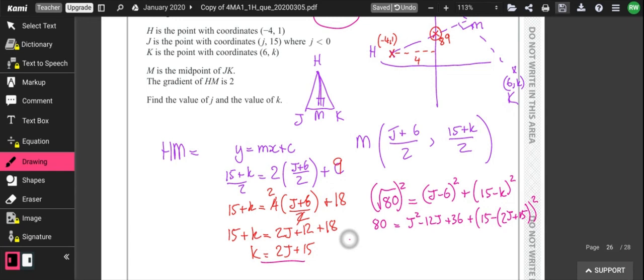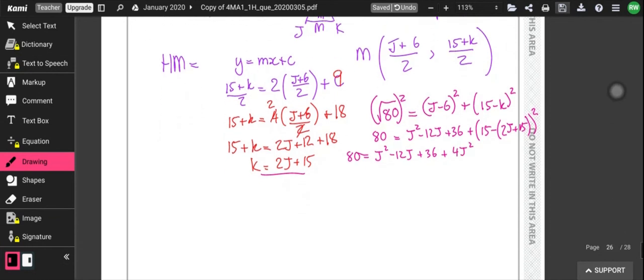So we start to collect this together. We've got 80 equals J squared minus 12J plus 36 plus 15 minus 15, and then we've got negative 2J all squared is going to give us plus 4J squared. 5J squared minus 12J minus 44 is equal to 0.